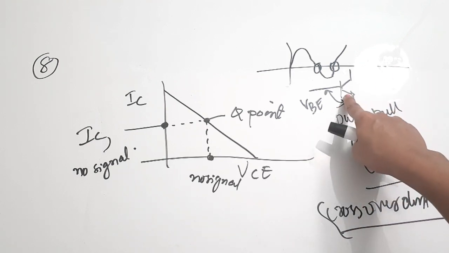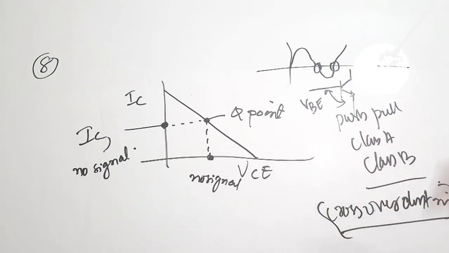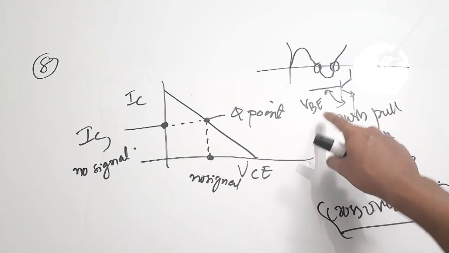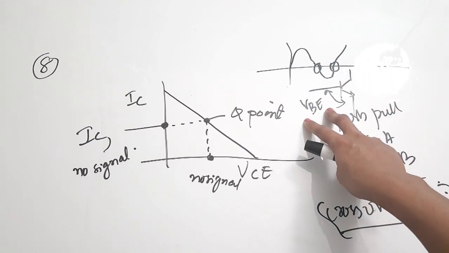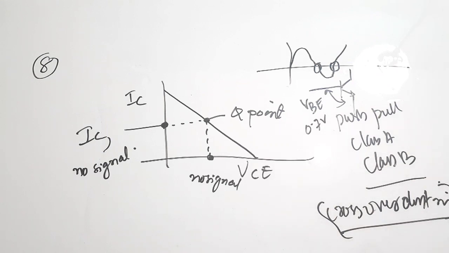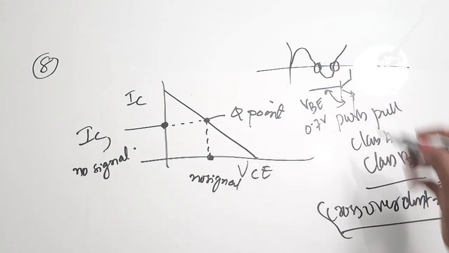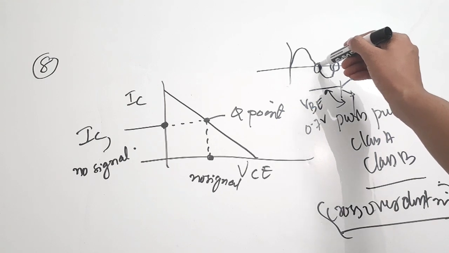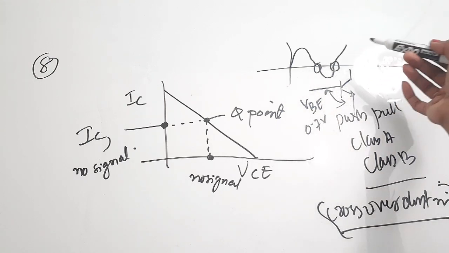So in order to turn on the transistor, we are providing a voltage VBE. If it is the common emitter configuration that we are using, then the VBE voltage should be greater than 0.7 volt. Only then the transistor will get turned on. So when the signal is crossing the 0 point, it won't suddenly start conducting.